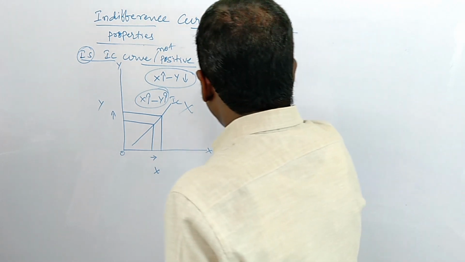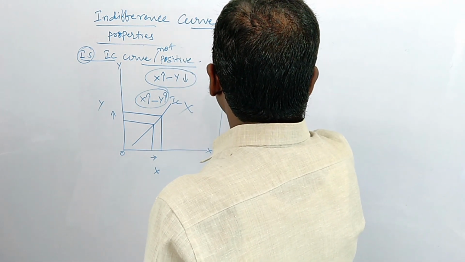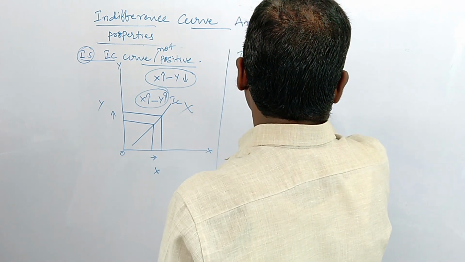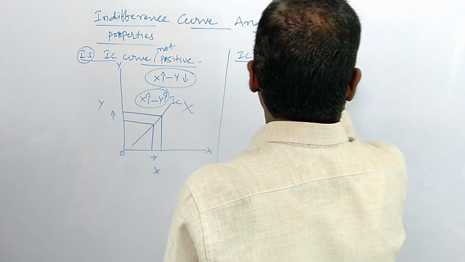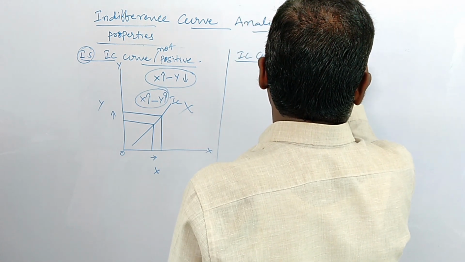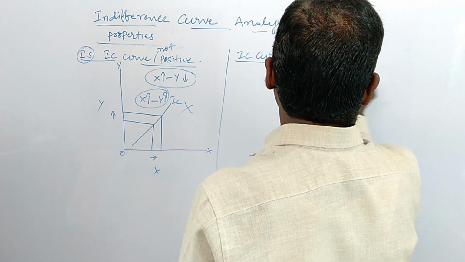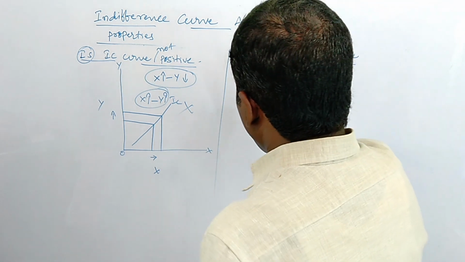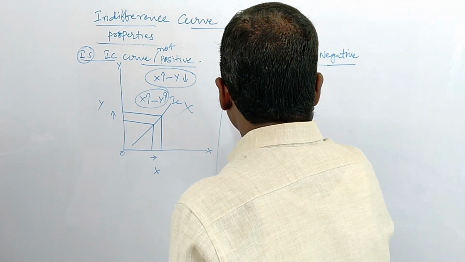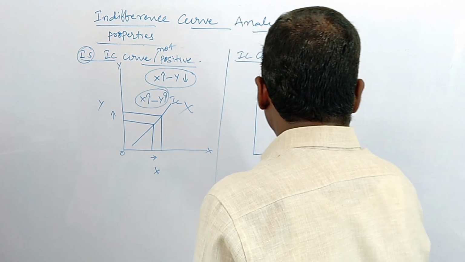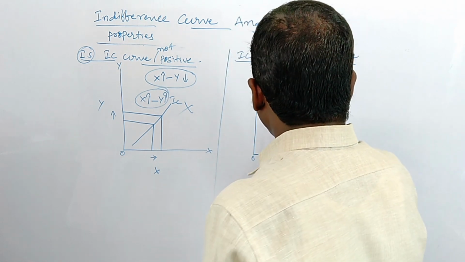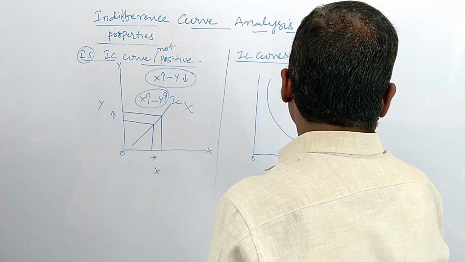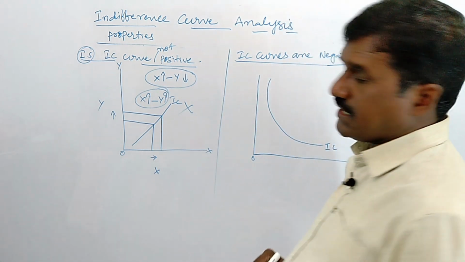Then IC curves are negative. How? Here, this is the IC curve.